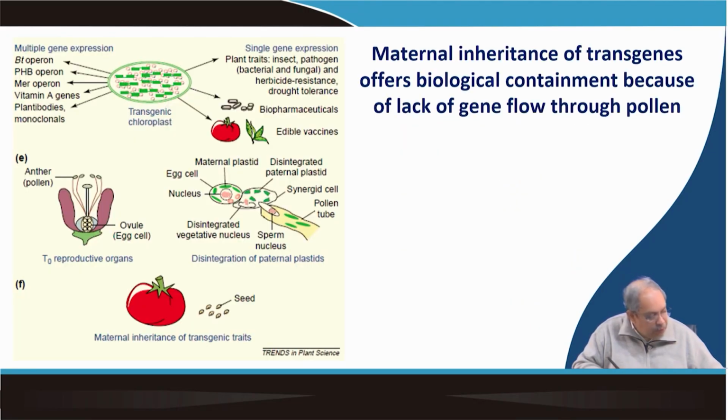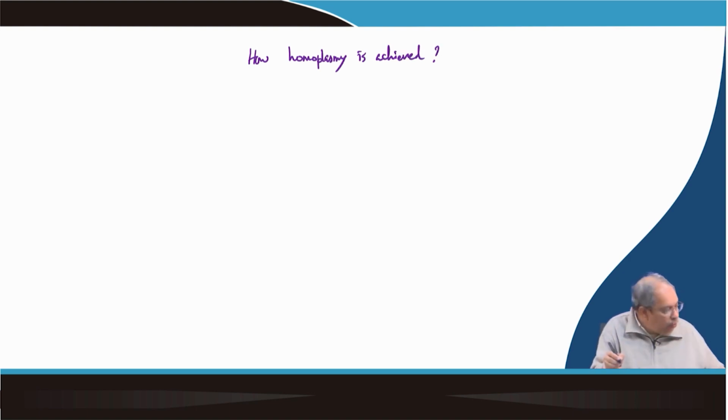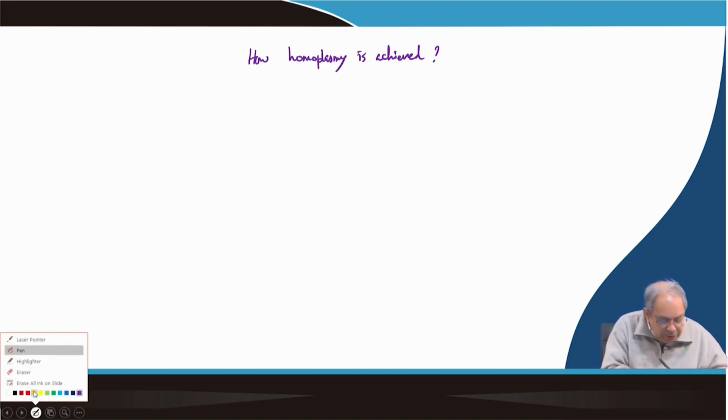So the next question is how homoplasmy is achieved. This is achieved through the use of a selectable marker gene. What is the selectable marker gene?